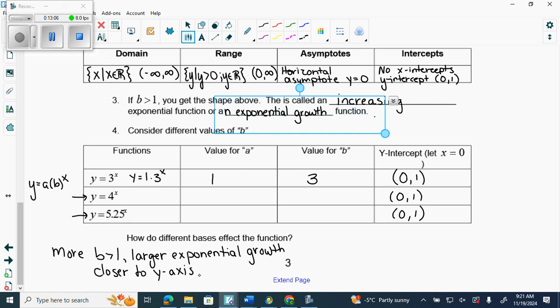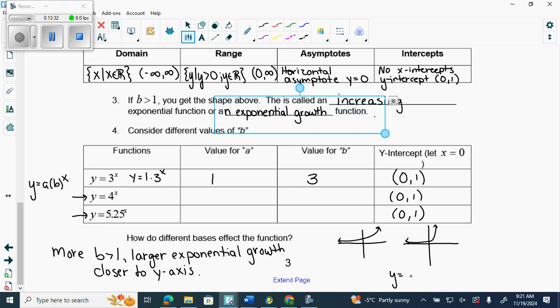right? So for example, if I gave you this graph, which had the same scale as this graph, which one has a larger b value? The second one is growing faster, correct?